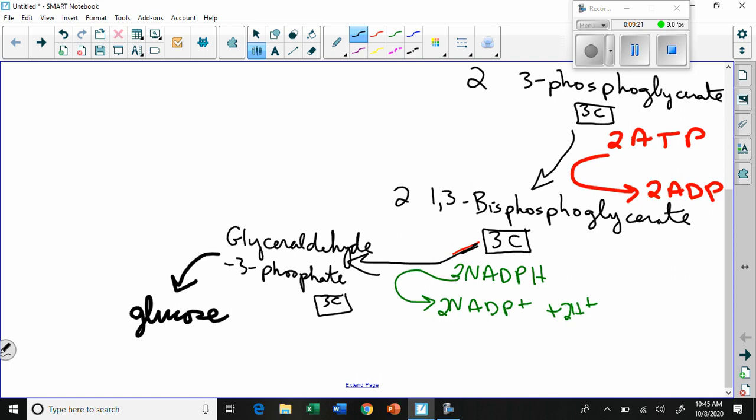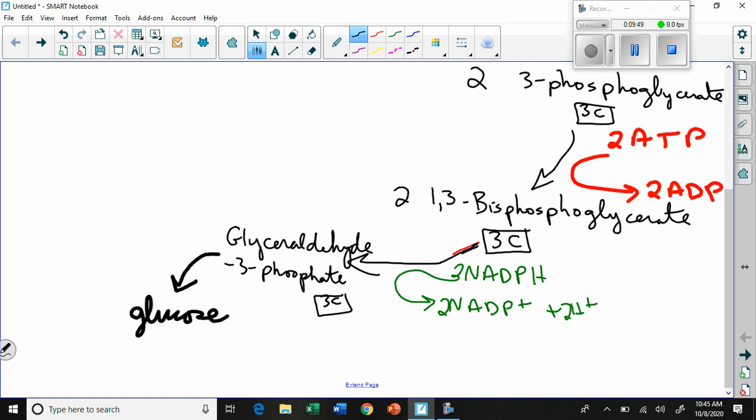But if you go back to glycolysis, glyceraldehyde 3-phosphate was the end product of the first half. So you can easily see how those reactions could all be reversed to produce glucose, right? So this arrow stands for all of the reactions that happen in the first half of glycolysis backwards. There's a lot going on there, but we're not going to write all those in. So that's how the sugar gets made.